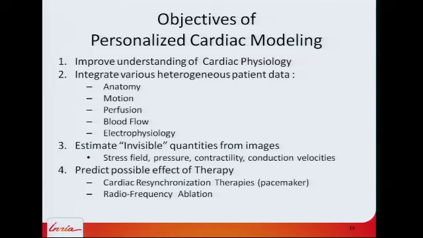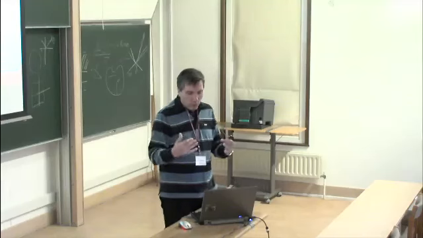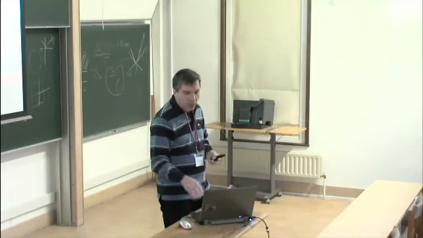But you do not have access to stress, pressure, and so on. So you want to improve this knowledge by using those personalized models. And also you want to be able to predict the effect of therapy. And in our case, we are interested in cardiac resynchronization therapy and radiofrequency ablation. So this is just like a more down-to-earth application of this work.